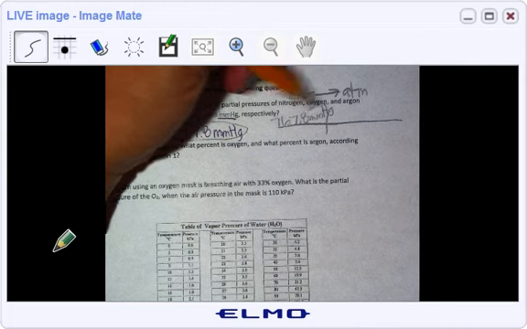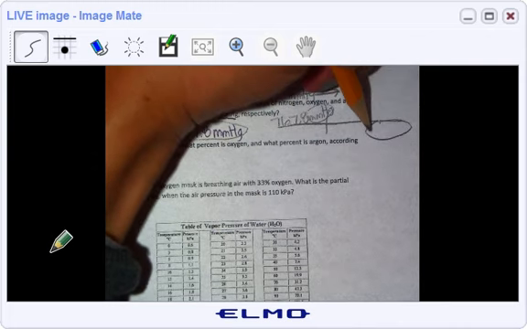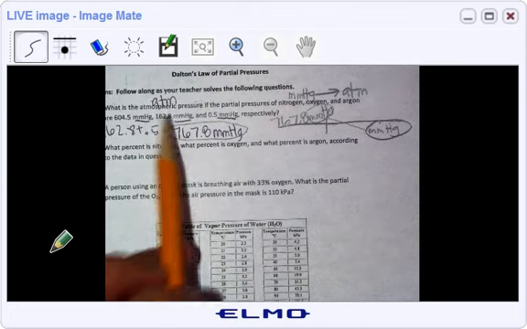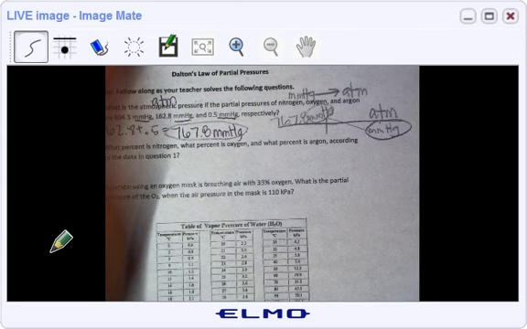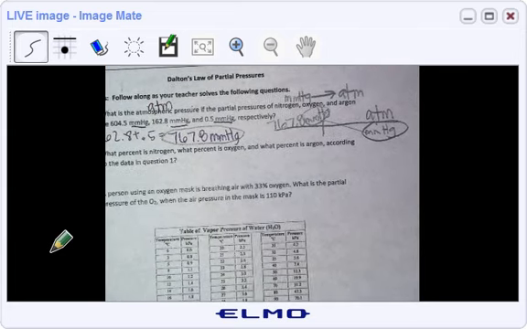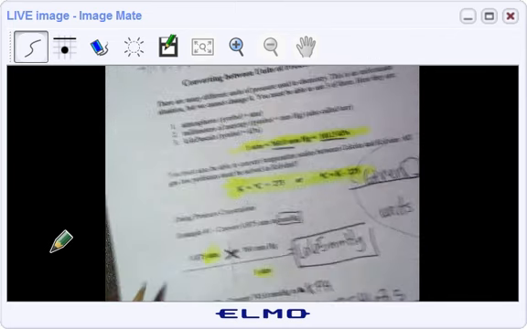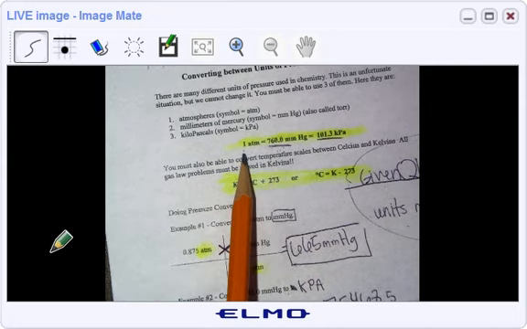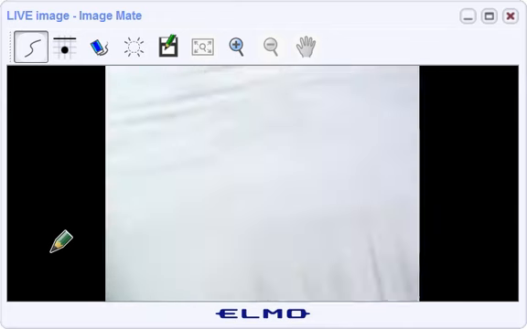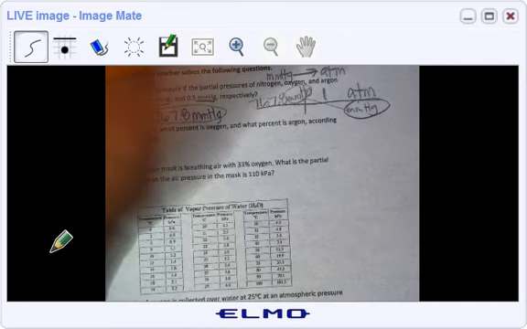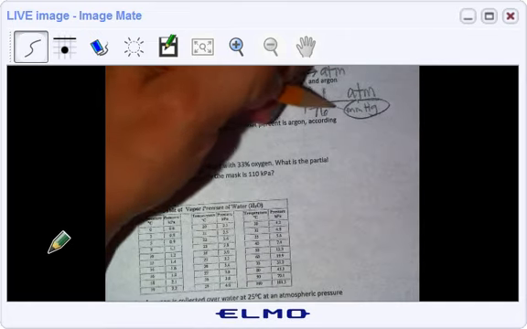Okay, if this is mmHg, what does this unit have to be? They have to match. What do I want? ATMs. So I'm going to flip the page to go back to all the conversions to see what numbers to plug in. How many mmHg give me one ATM? 760 give me one ATM. That's the conversion factor. 760 give me one. So, in order to get that one ATM that I just put right here, it's 760.